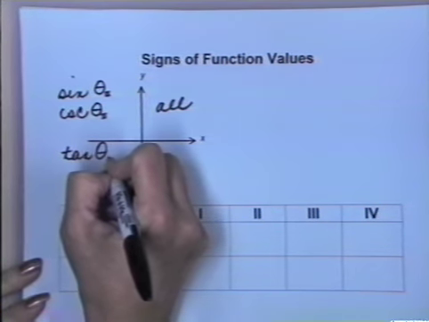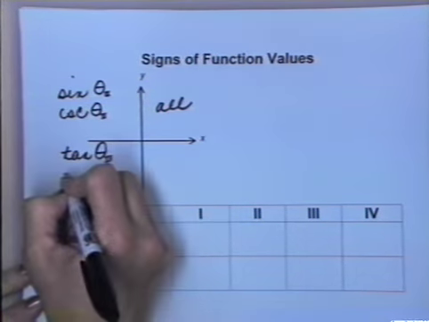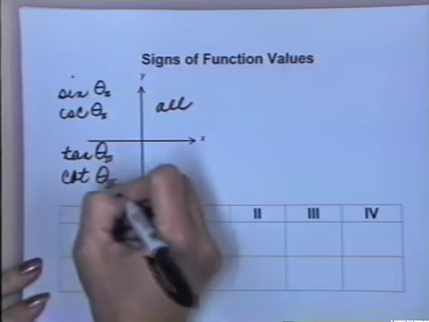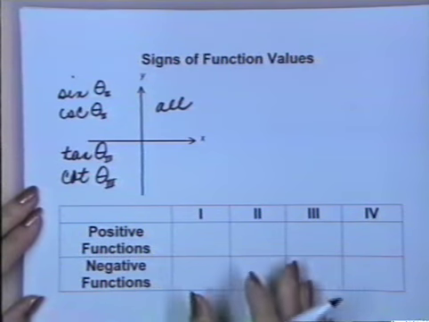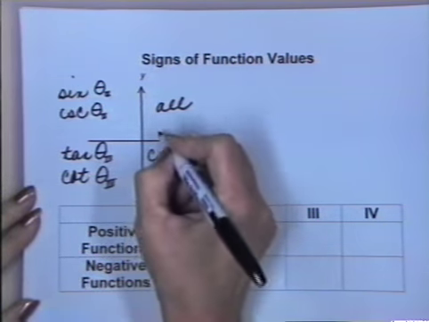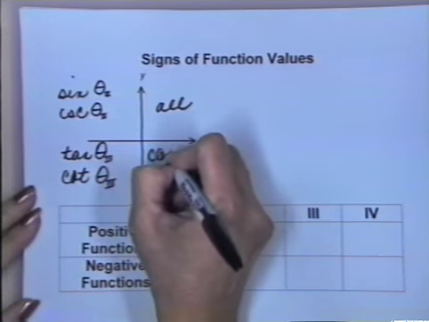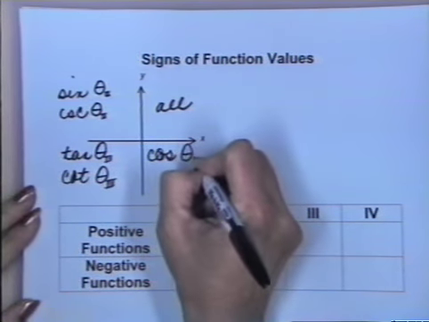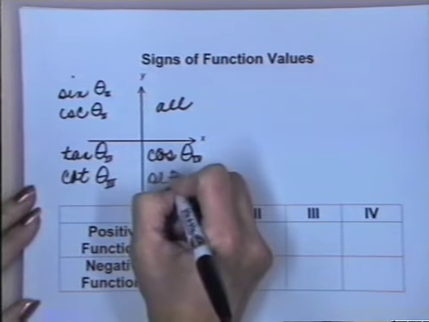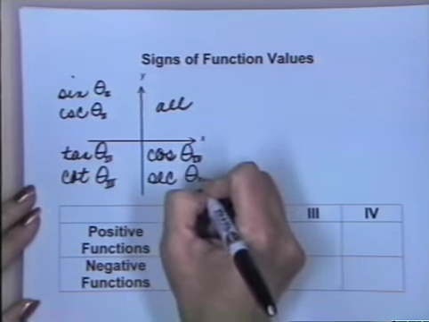The tangent, and I'll put little theta 3's, and its reciprocal, the cotangent, are the positive functions. And then in the fourth quadrant, the cosine, and I'll call that theta 4, and its reciprocal, the secant.